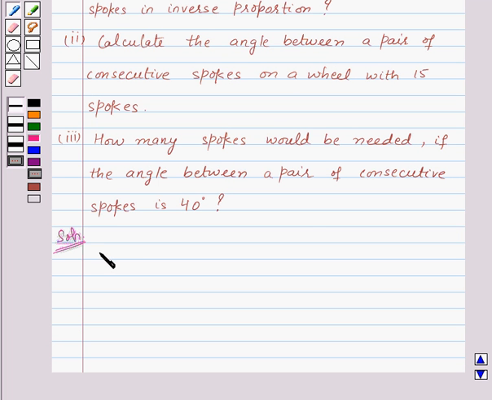So x into y is equal to 4 into 90 degrees, that is equal to 360 degrees.